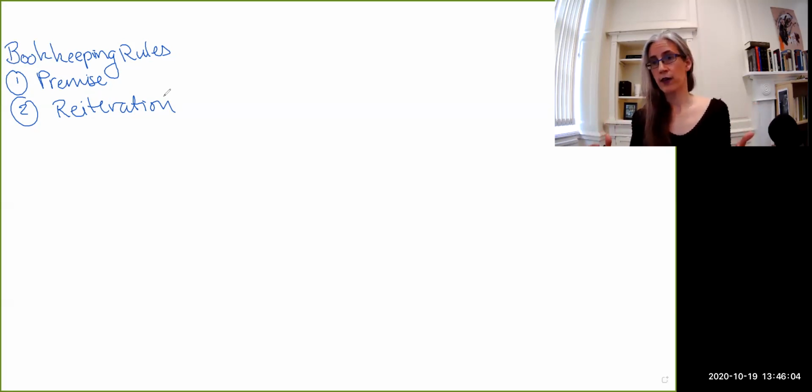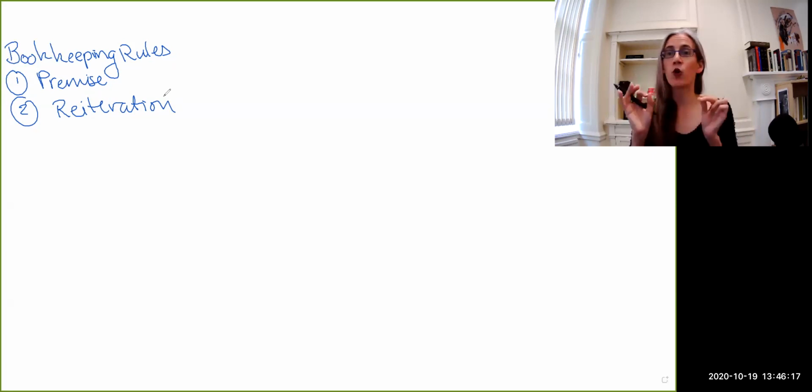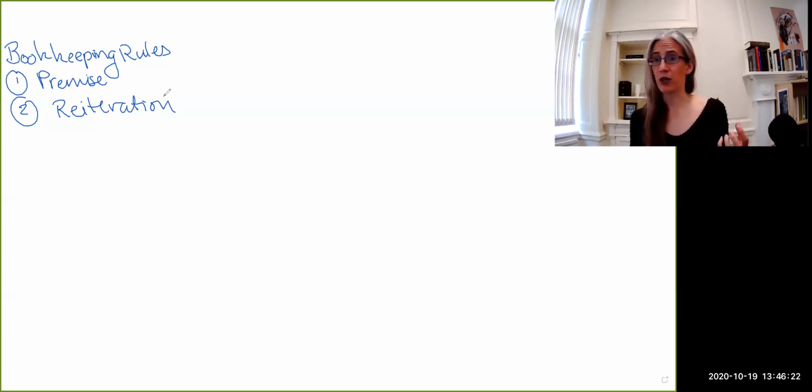This has to do with some of the other rules that we will introduce. The rules are very sensitive to the particular structure of a proposition or of a pair of propositions. So sometimes we need to be able to put the formulas in the right order in order to be able to apply a rule. That's why this is one of the bookkeeping rules. It doesn't really say anything substantive.